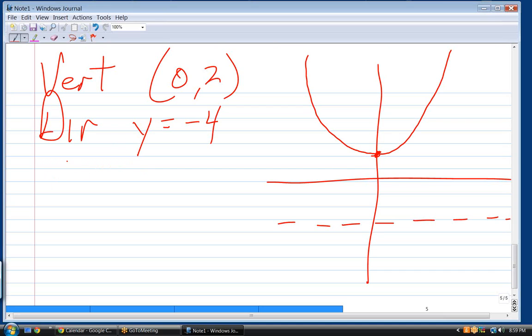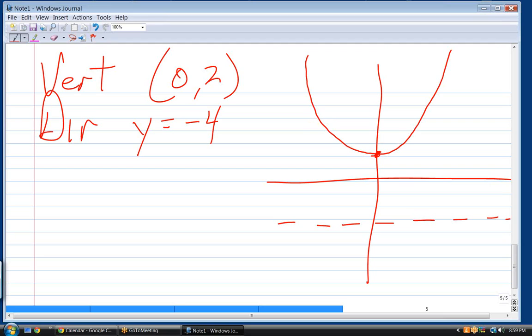All right. The general format for a parabola that's vertical, either opening up or opening down. What's your general format? It's different than the general format of just the parabola in vertex format.